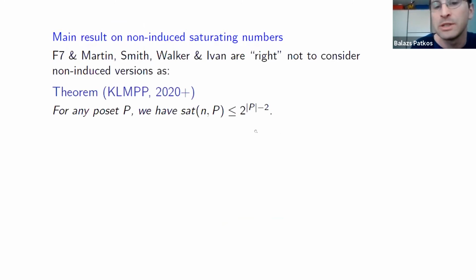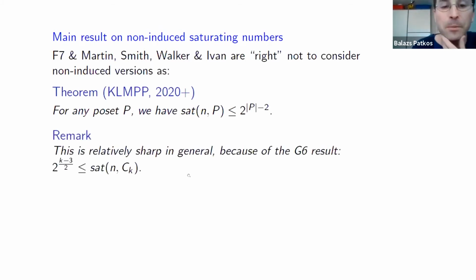The constant is independent of the ground set, but of course it does depend on P. So the bound is 2 to the power of the number of elements in P minus 2. First of all, this is relatively sharp because of our lower bound from long ago, so it cannot be much improved.